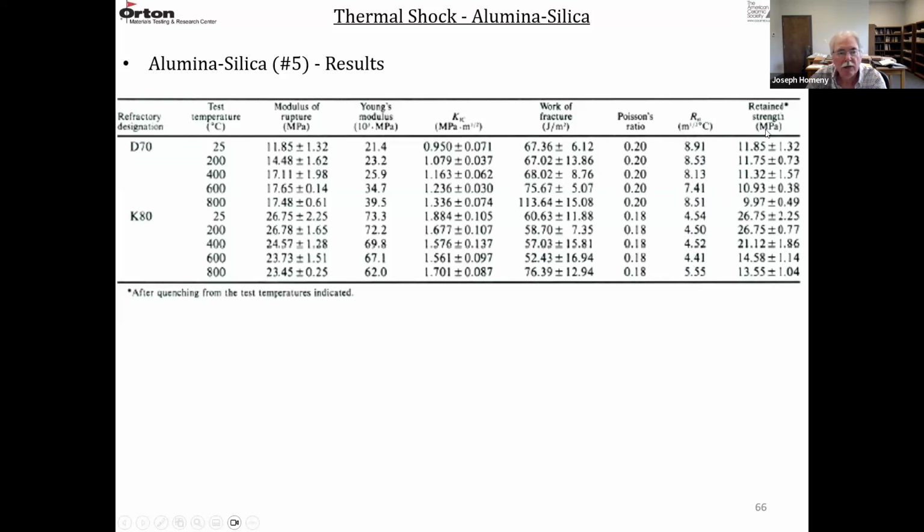The retained strength, these barely lost any strength. They're 11 down to maybe 10. And these lost about half their strength after thermal quenching, 26 to 13. They're still stronger than the 70% alumina. So the 80% alumina is still stronger, but it did lose half its strength.